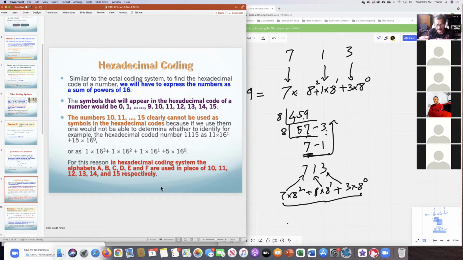Every memory cell has an address, a label to identify it. And those addresses are hexadecimal codes, for example. So in computer science, these hexadecimal and octal codes are used everywhere. So that's why I have to prepare you for all those. That's why you learned it. But in our computer programming, we are not going to use octal coded numbers or hexadecimal coded numbers. It'll be all decimal coded numbers.